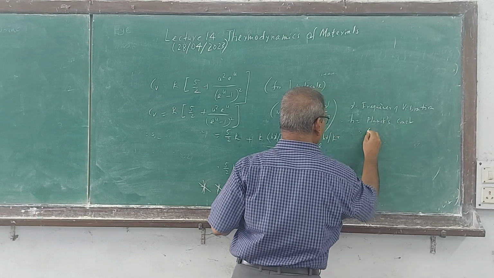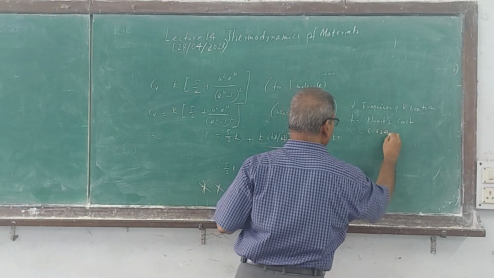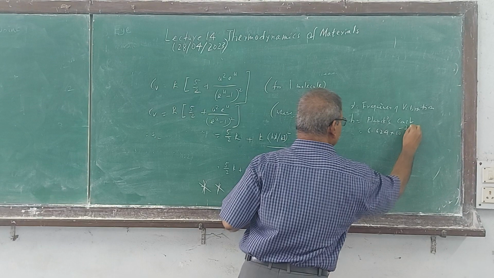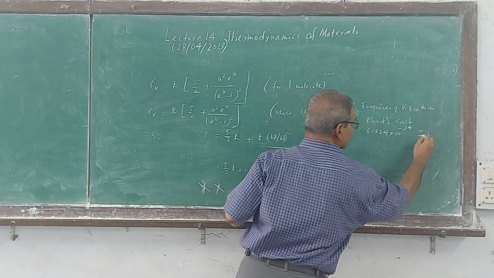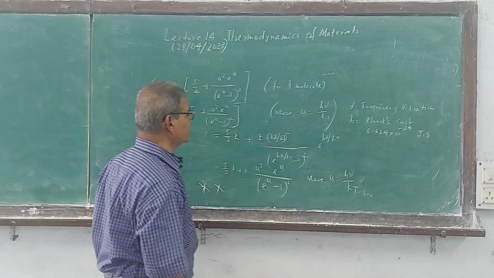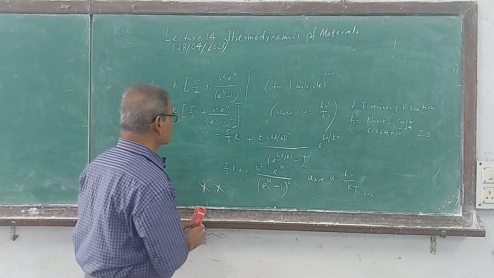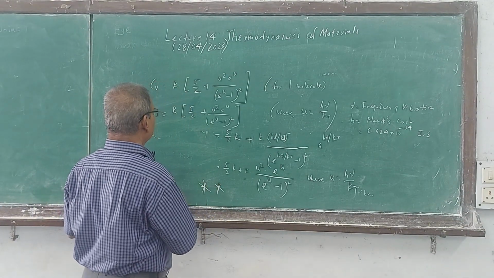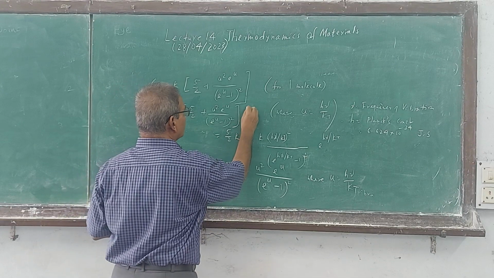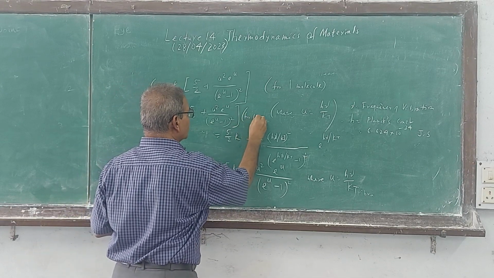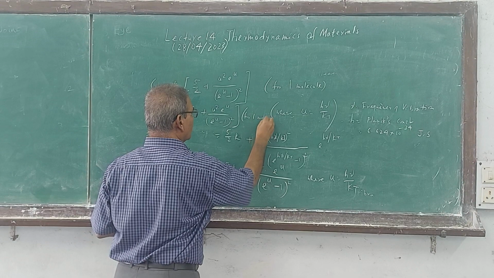What is its value? 6.624 times 10 to the power minus 34 joule second. Okay, very good. This is for how many? 1 mole means 1 gram mole.